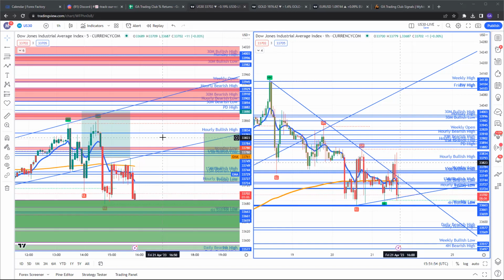So I take another trade, I do another analysis, and if all my confluences are good, I go in on the right side. So most of the time I go in on the right side after the losing trade.